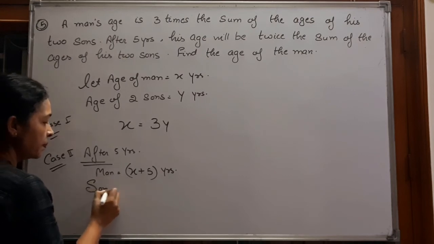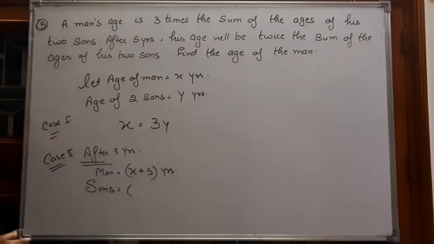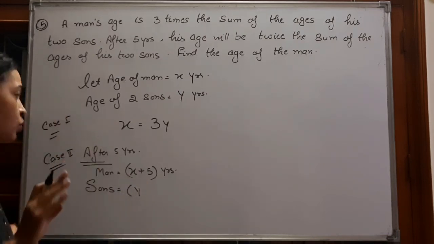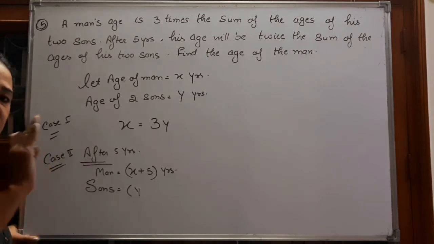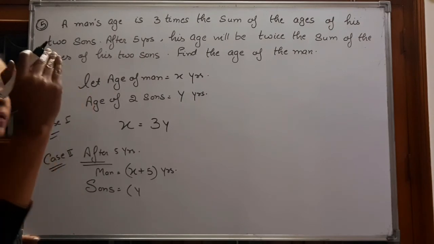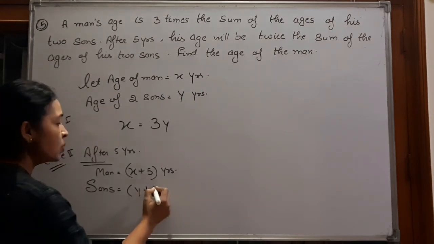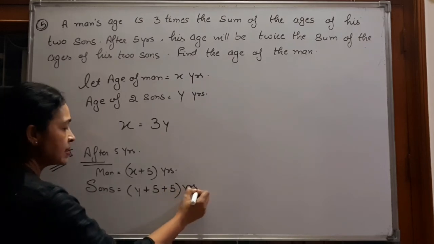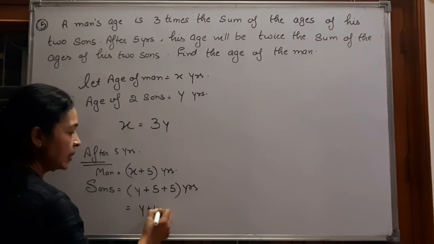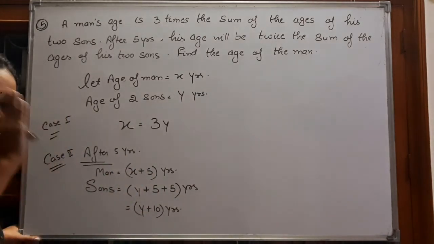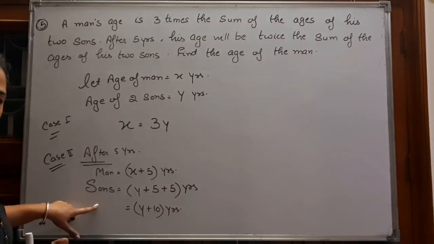Today the sum of the ages of the two sons is y years. After 5 years, the age of each child increases by 5, and there are two children. So their combined age will be y plus 5 plus 5, that is y plus 10 years.